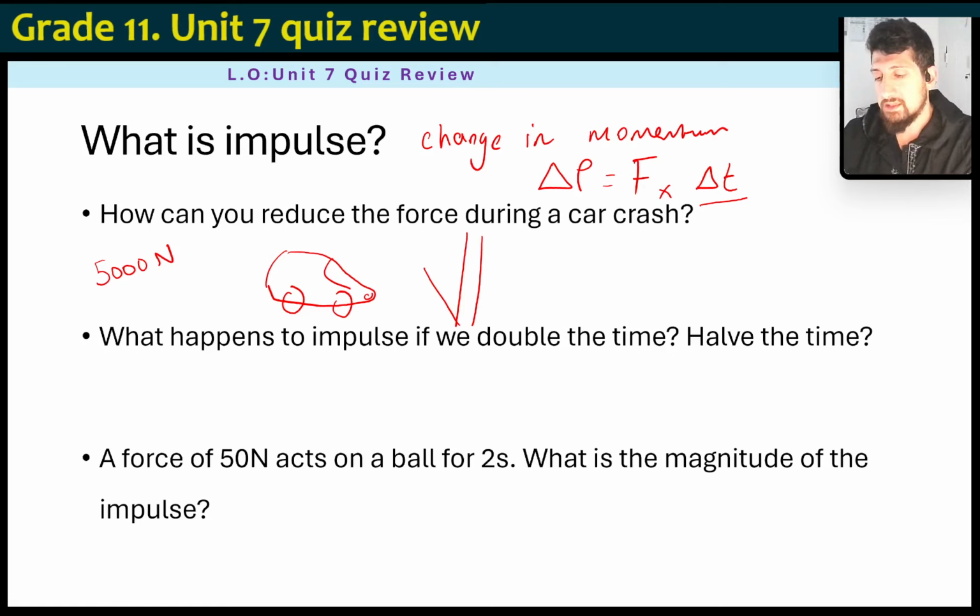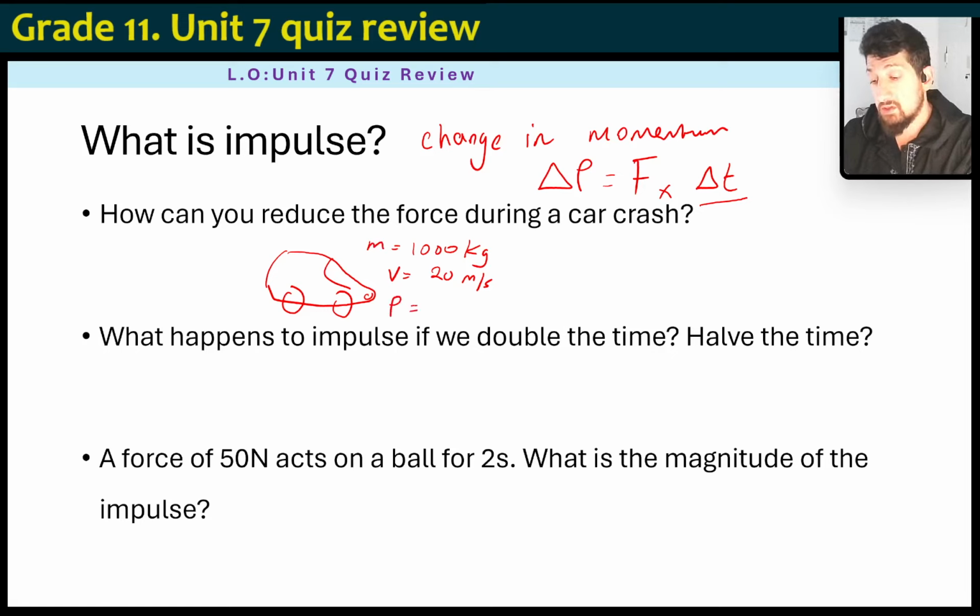So this car here, for example, has a mass of 1,000 kilograms and has a speed of 20 meters per second. So that is velocity and that's mass. Okay, now pay attention.